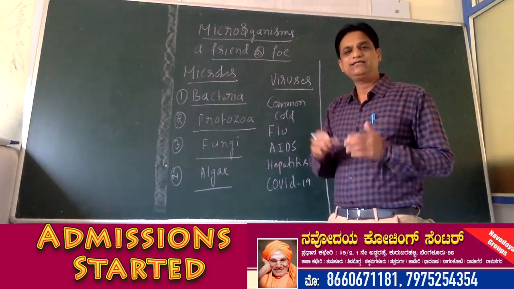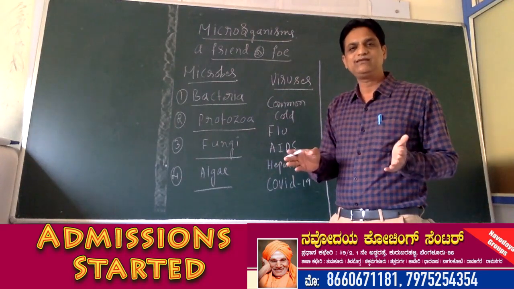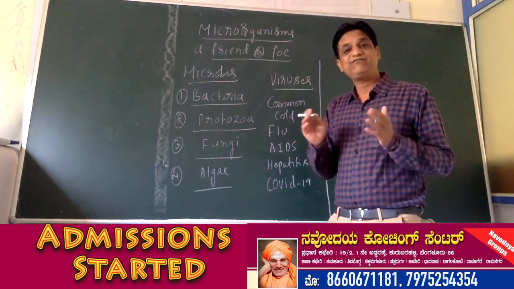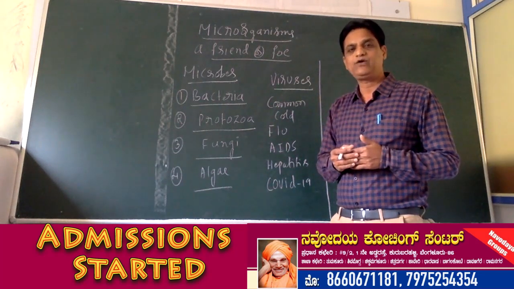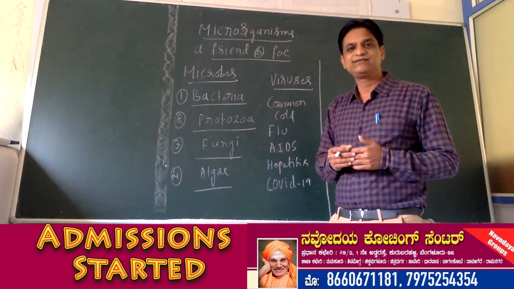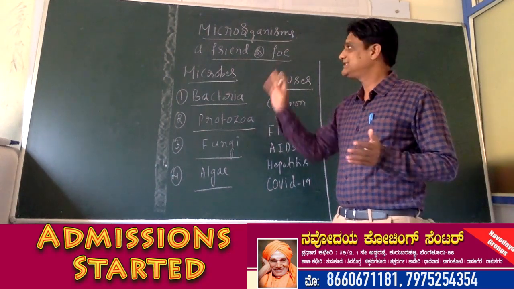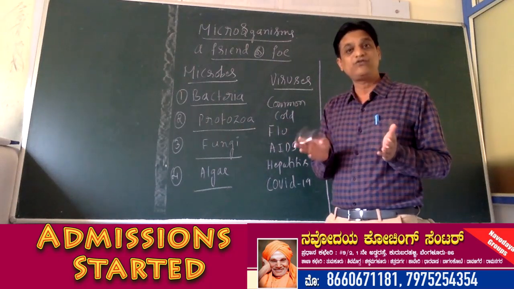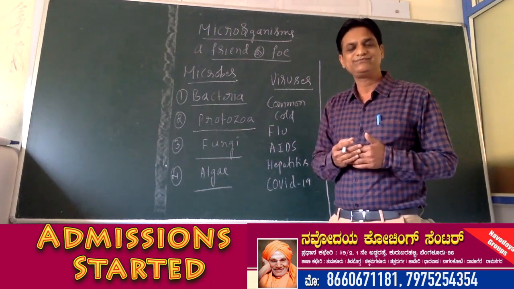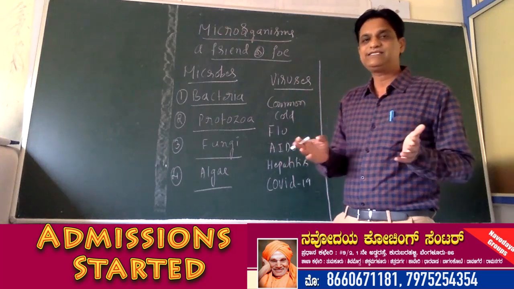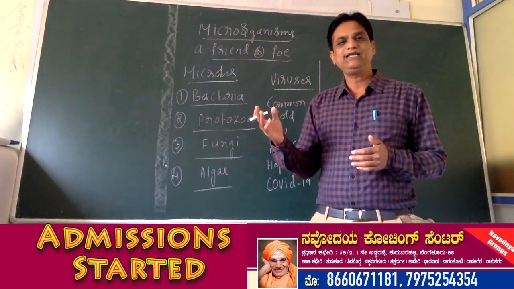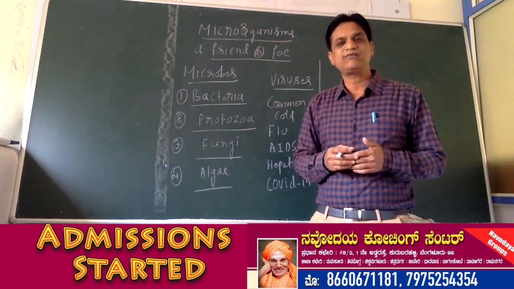So here in this chapter we will discuss the five groups of microorganisms. The chapter name is Microorganisms, a friend or foe. Foe means enemy. Whenever we say the word microorganisms, suddenly what comes to our mind?